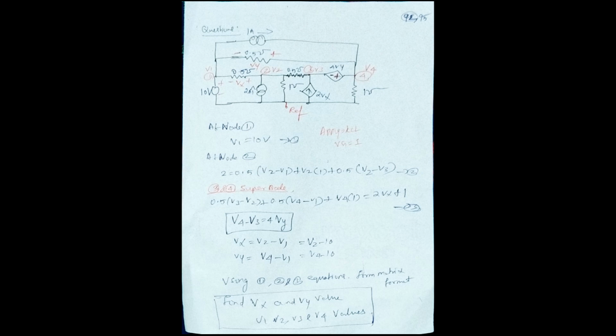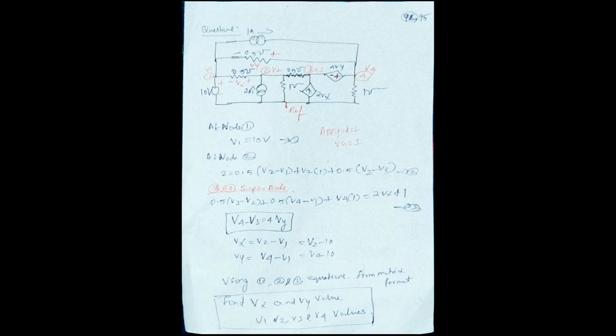Another 0.5 mho conductance depends on nodal voltages V3 and V2, so 0.5 into V2 minus V3. V2 and V3 are opposite directions, so put minus V3. So we obtain 2 is equal to 0.5 into V2 minus V1, plus V2 into 1, plus 0.5 into V2 minus V3. That is the second equation.